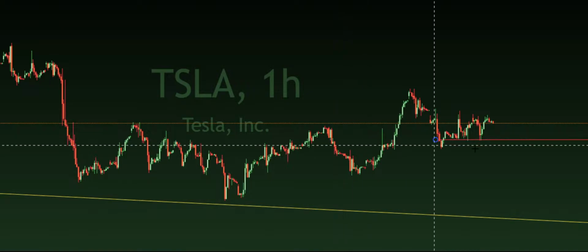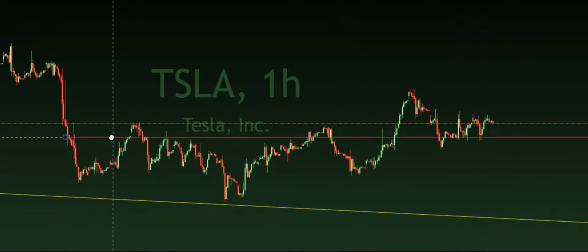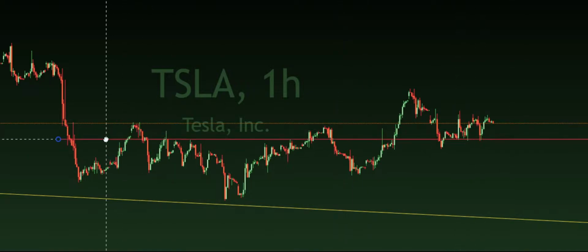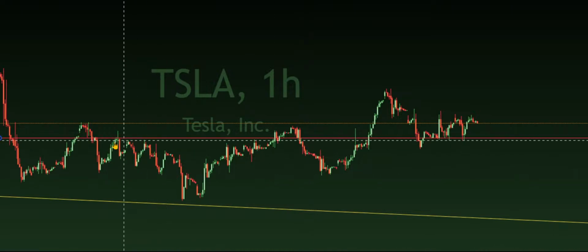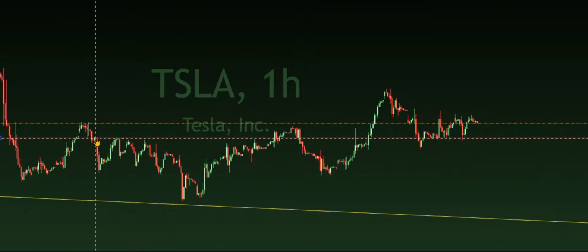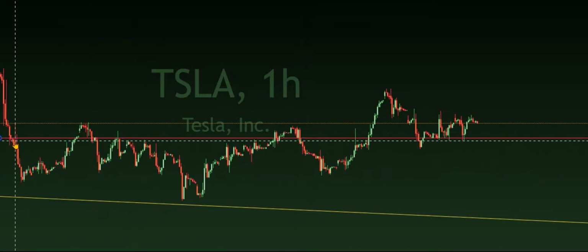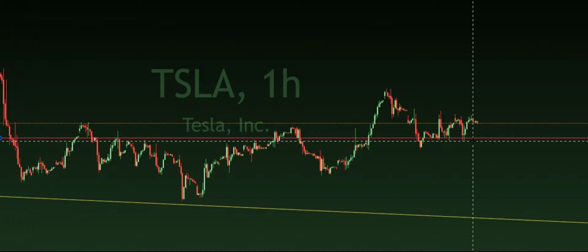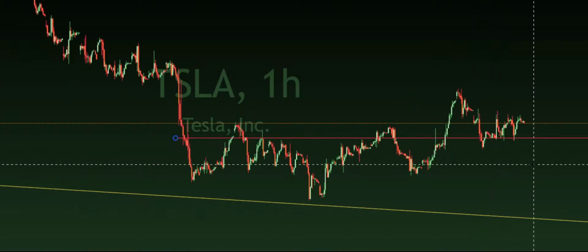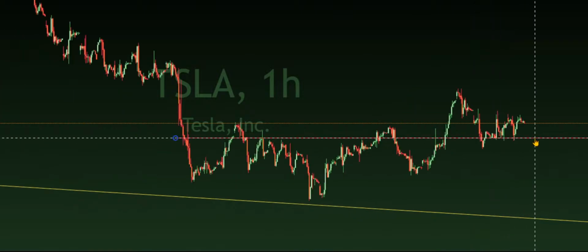This has been a floor kind of universally. This is where Tesla goes down. Breakdown, fall, reject, fall, crash down, fall, try to get back up, but you can't, so you fall. So this is buyers stepping up, right?